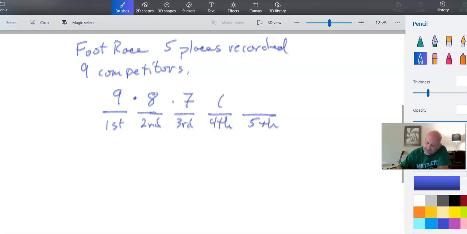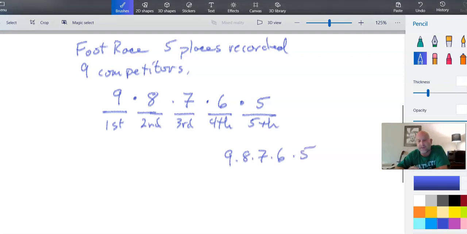For fourth place, there are 6 choices. And for fifth place, there are 5 choices, and it stops. You notice it's not quite the same as 9 factorial, because that would continue with 4, 3, 2, 1, right? So what we end up with is 9 times 8 times 7 times 6 times 5.